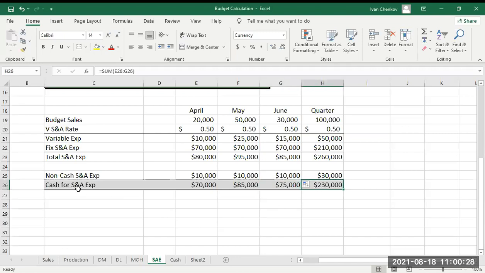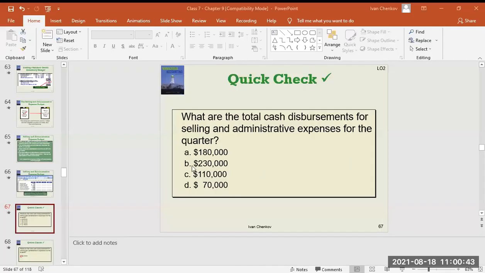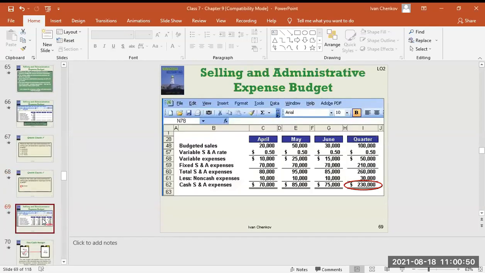So how much is the total cash disbursements for the selling and administrative expenses? Should be $2,300, correct? Let's see if that's the correct answer. We have B. So let's apply B and see what's going to happen. Yes, B is our answer, and this is the calculation. Make sense? Yep.